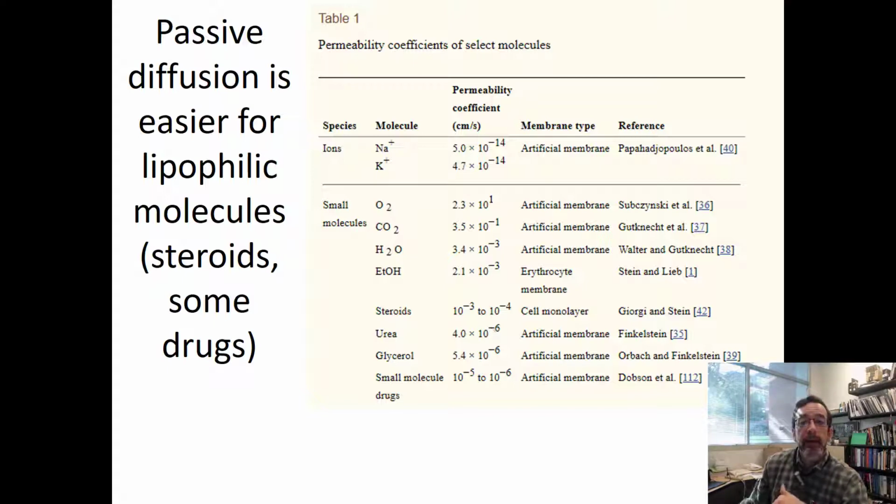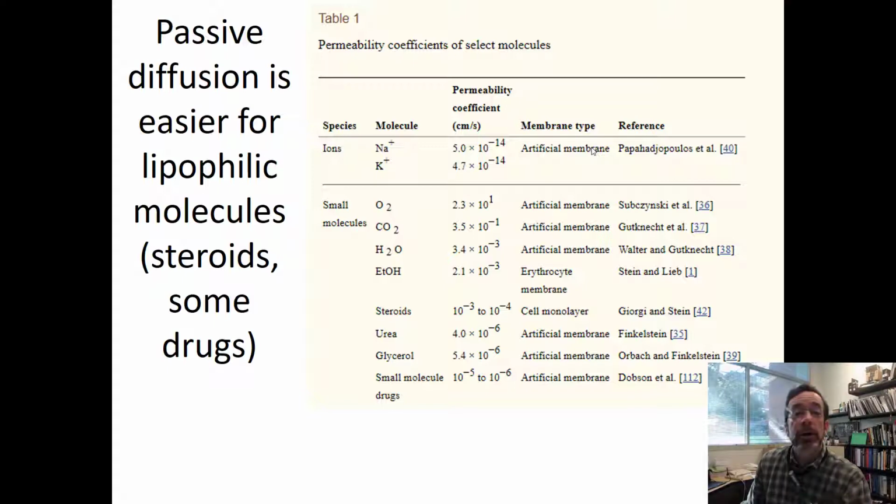So therefore, you can have these different kinds of permeability coefficients. What's important for this is just to look at the kind of molecules we're talking about and see how big the permeability coefficient is. And these might be slightly different for different types of membranes.